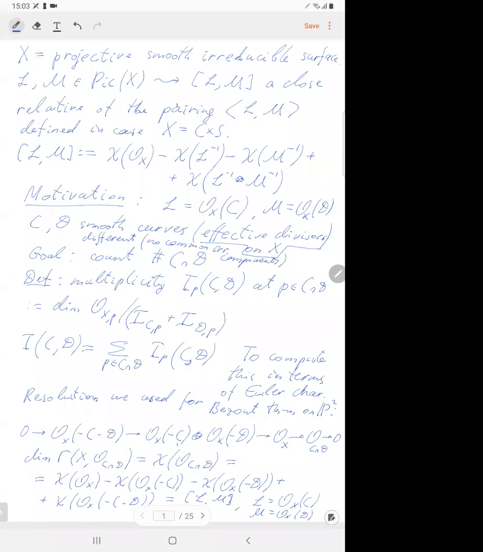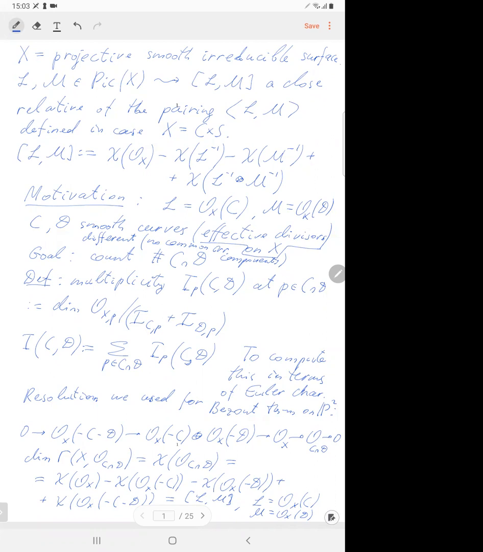But on the orthogonal complement of this very ample line bundle, which is a codimension 1 subspace of Picard, the pairing is negative. This is the famous Hodge index theorem that you will have in the home assignment.